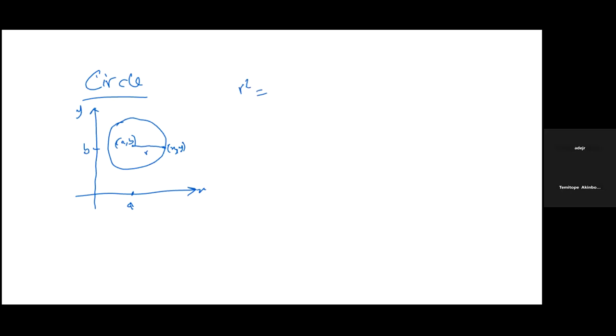So that will be x2 minus x1. In this context, this is our x2 and this is our x1. This is y1, this is y2. So x2 minus x1, that's x minus a squared, plus y2, which is y, minus y1, which is b squared.